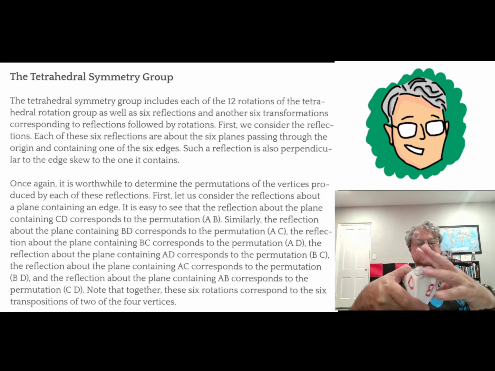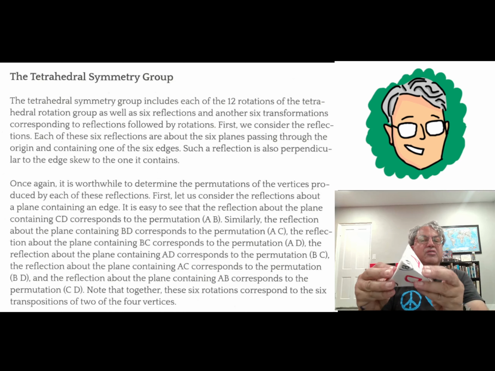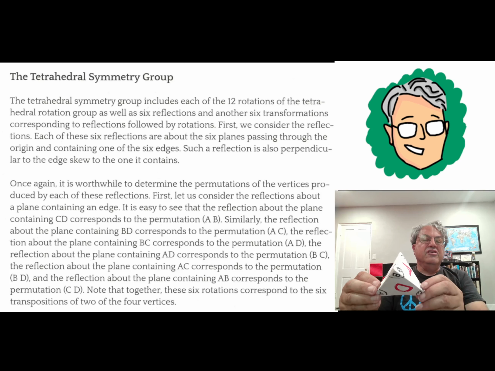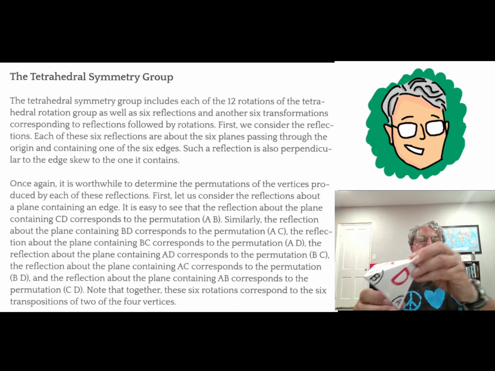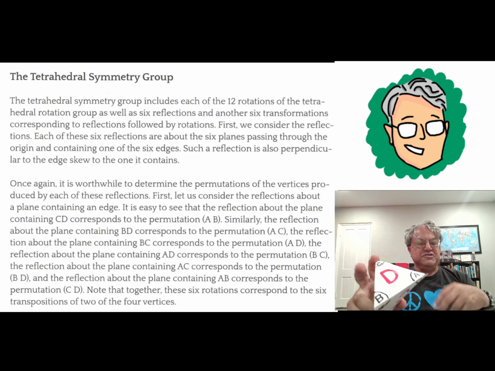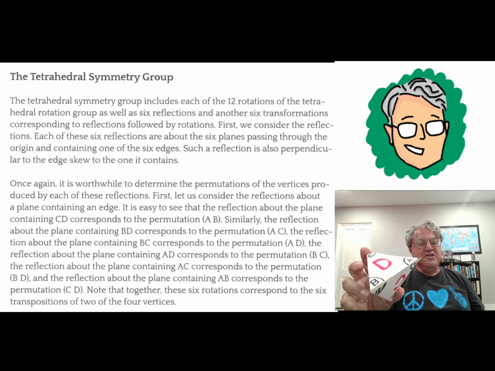For instance, if you fix the vertex B, then you can rotate A, C, and D. You get ADC if you rotate it 120 degrees clockwise, but then you get ACD if you rotate it 240 degrees clockwise, or equivalently 120 degrees counterclockwise. I think you get the idea, and there are 4 more.